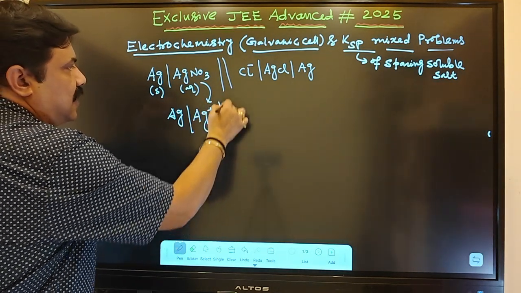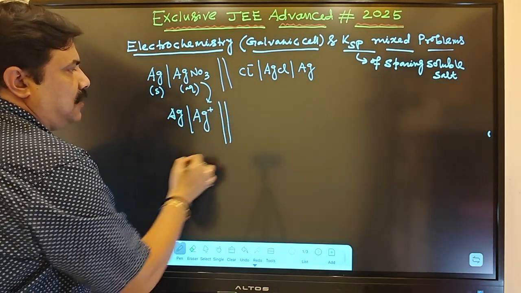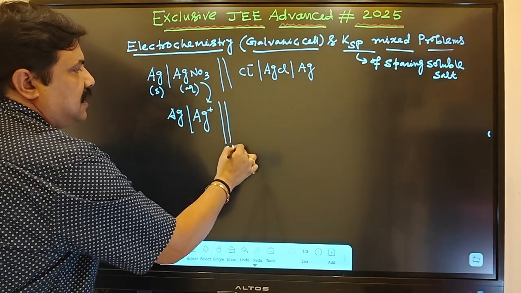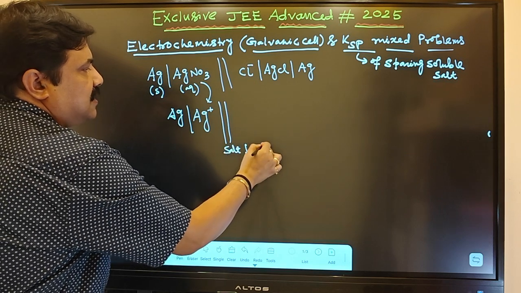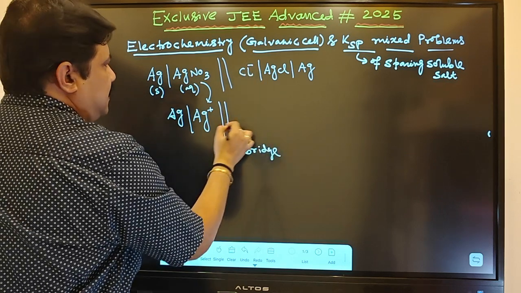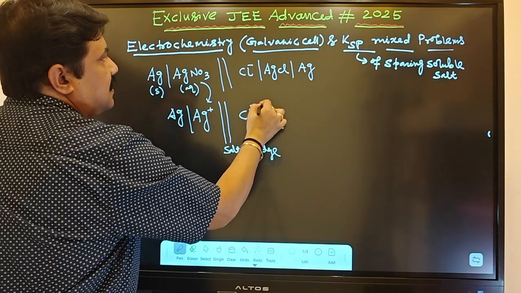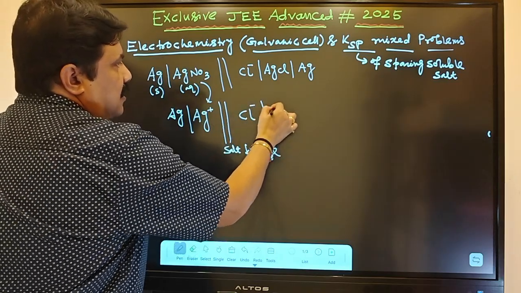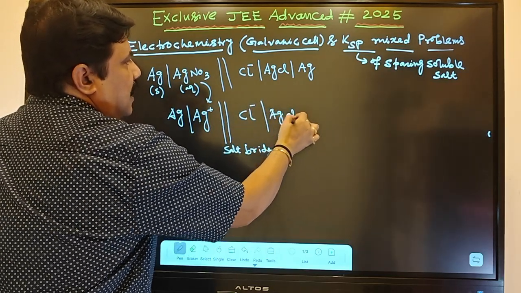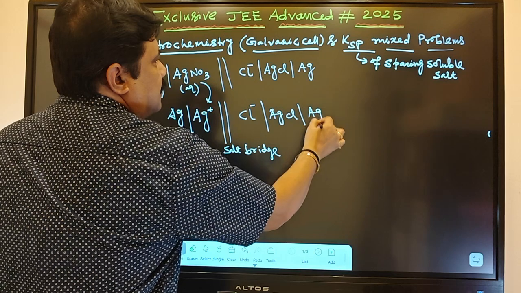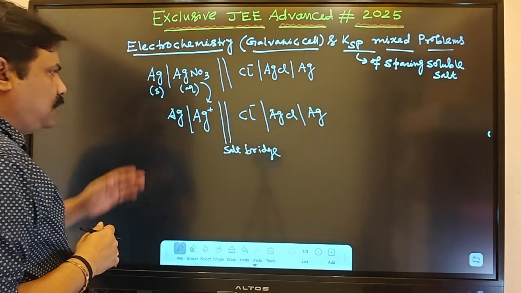Now this double dagger is nothing but a salt bridge. On the other side we have Cl minus, the soluble anion, the sparingly soluble salt, and the metal. This is acting as the cathode.